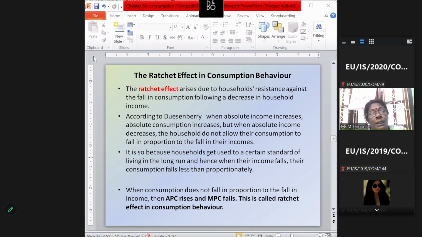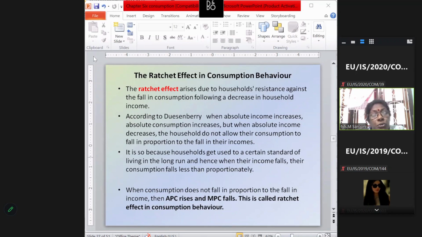On the other hand, once the income decreases, consumption also decreases. But here, once the income increases, they increase their consumption, but when the income decreases, they never decrease their consumption; they maintain the same consumption pattern, right? That is explained by the ratchet effect.